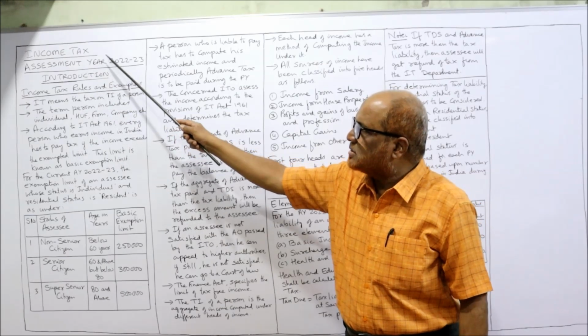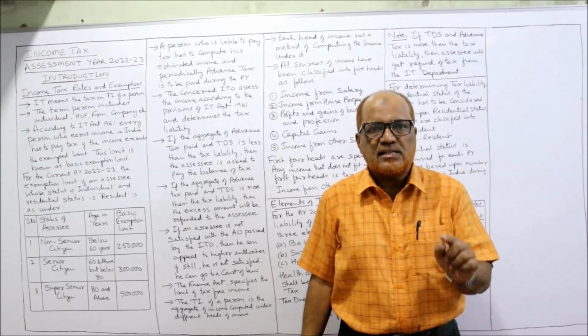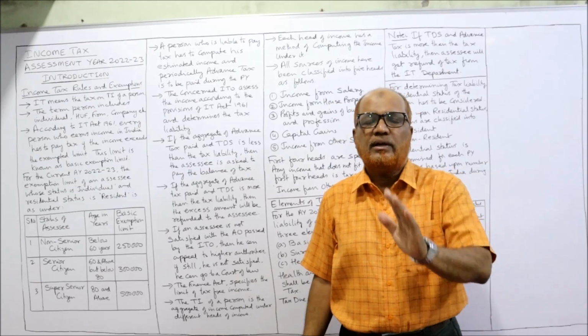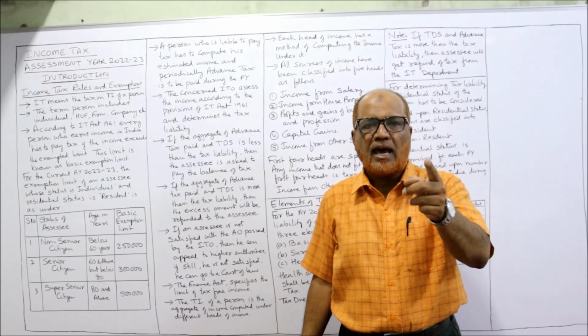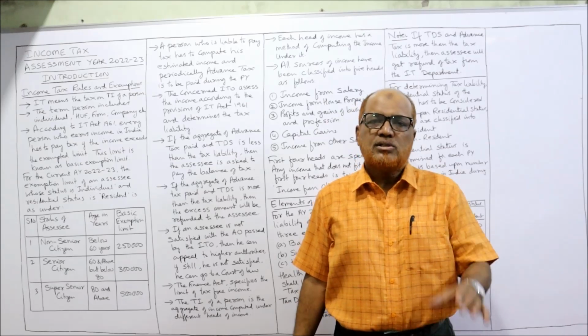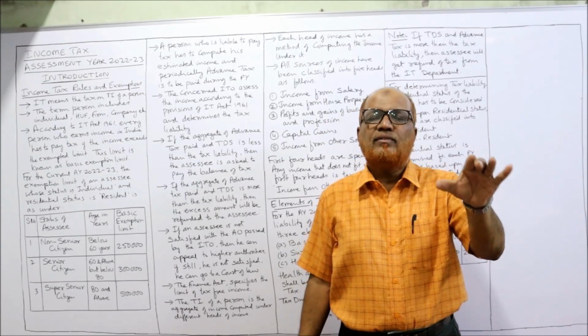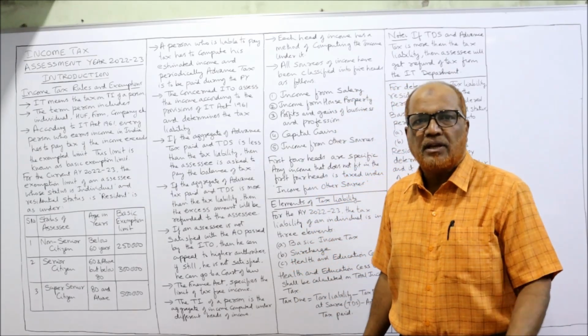Assessment year 2022-23. So the previous year for this assessment year is 21-22. It started from 1st April 2021 and ended on 31st March 2022. So during this previous year, if the person's total income is more than the basic exemption limit, liable to pay tax.